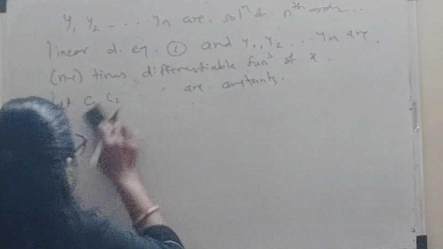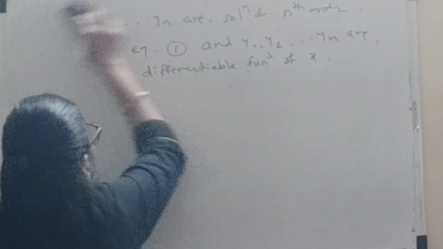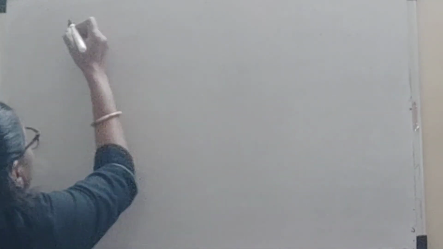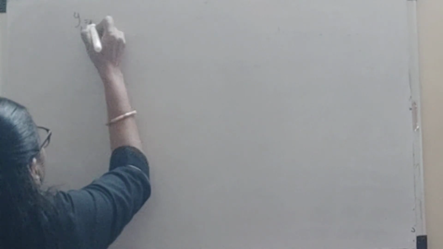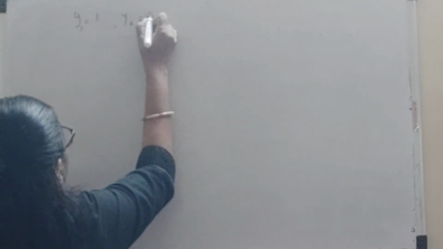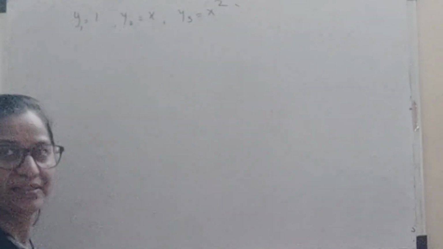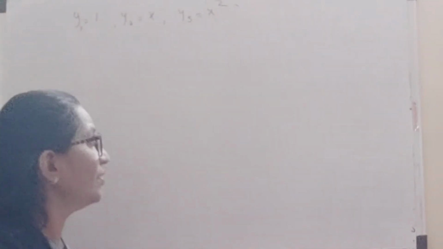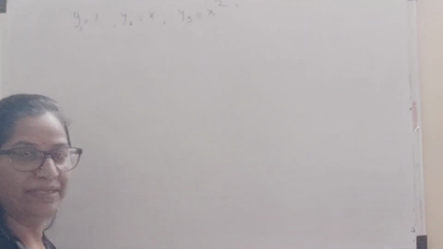So take a simple example. Given solutions y1 equal to 1, y2 equal to x and y3 equal to x square, are these solutions linearly independent?